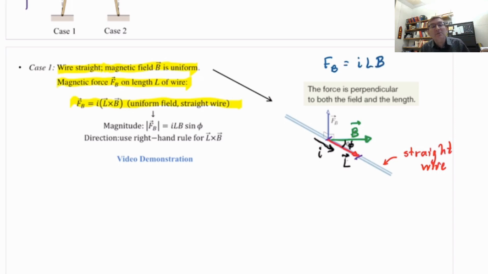The magnetic force on the length L of the wire is I times L arrow cross B arrow. Yep, it's a vector product again.